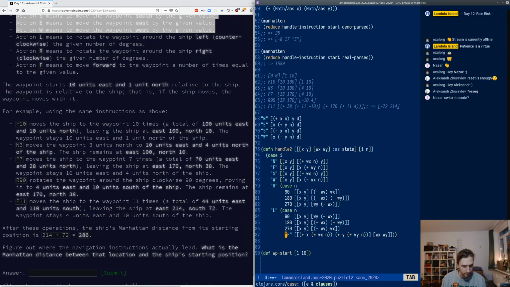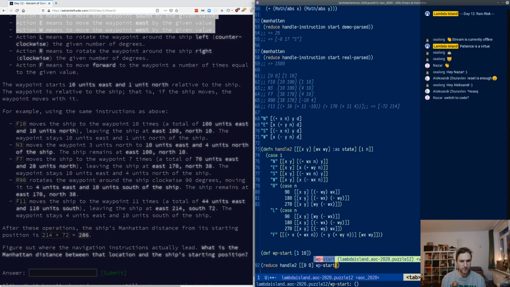Oh, have I messed up something here with my nesting? I accidentally deleted the closing parenthesis here, I think, with this copying and pasting. Same here. So what happens if we reduce handle 2, and then a starting position is our old start, or really just 0, 0, and then waypoint start.